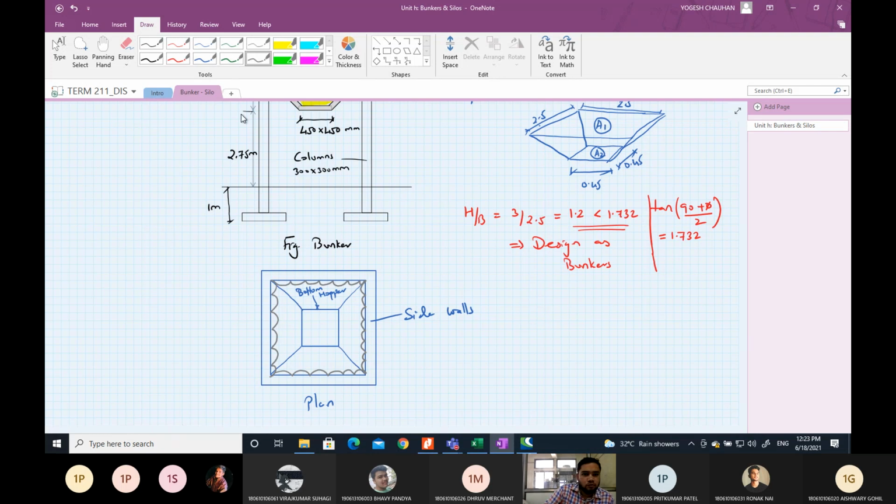So now we will find the bending moment on this side wall. For that we will use the center line of these walls, or we can say this is the support line.